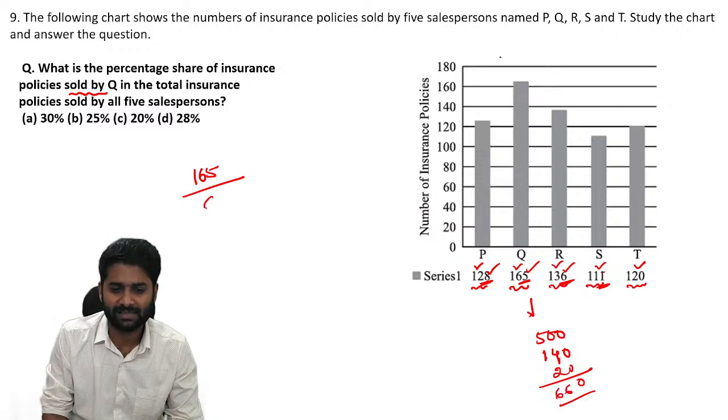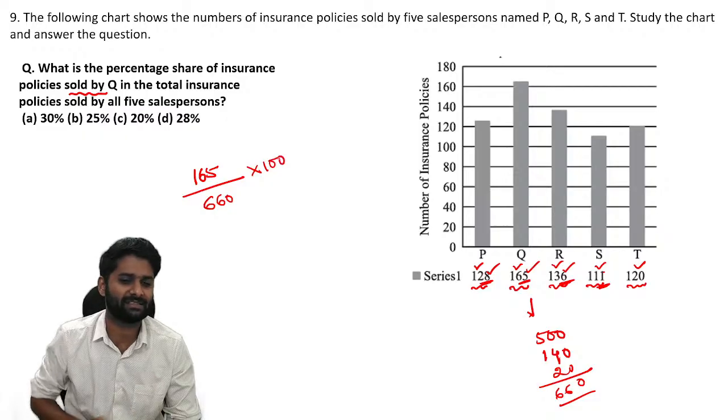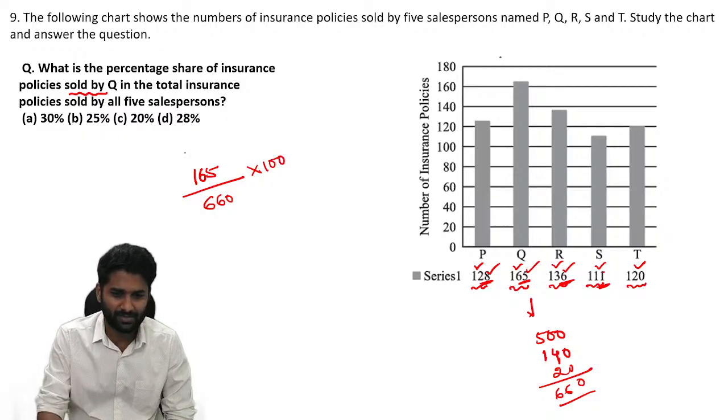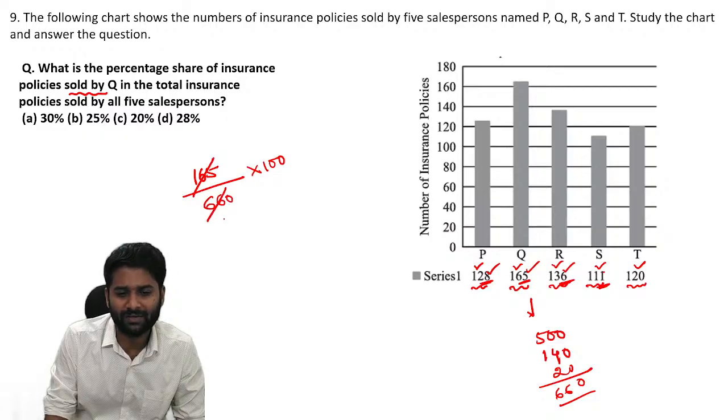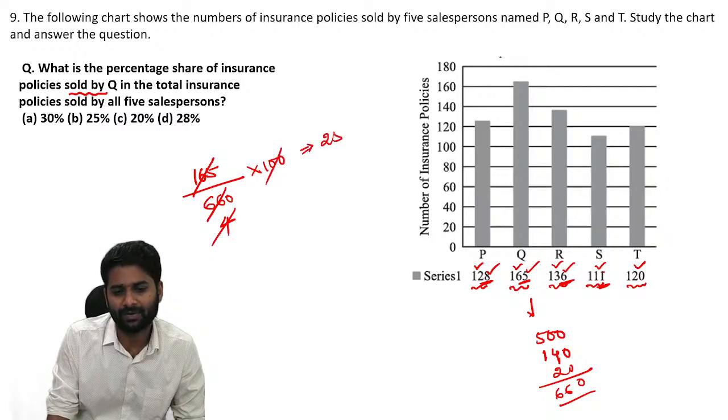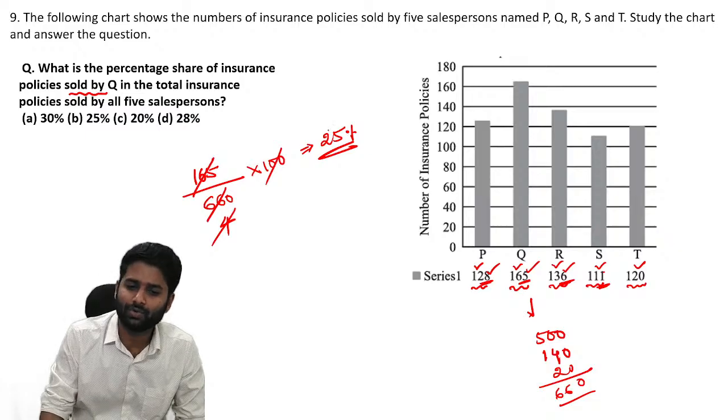Total is 660. Now you have to identify how much percentage it is. Now see 165 multiplied by 4 becomes 660. Now 4 becomes 100, so it is 25%. Out of total sales, Q's share of sales is 25%.